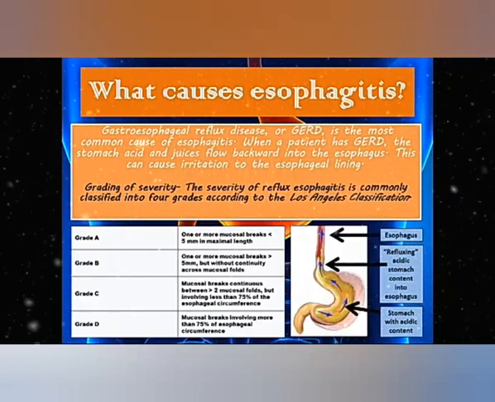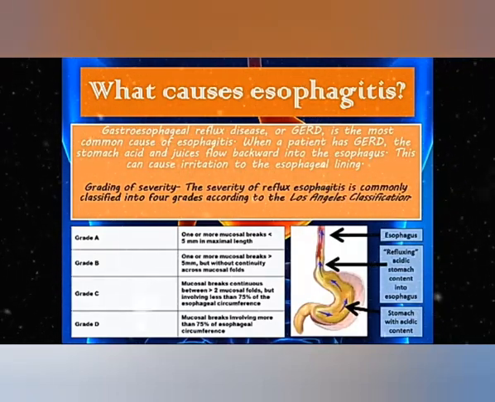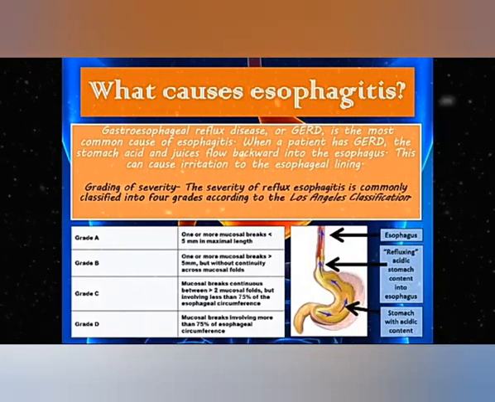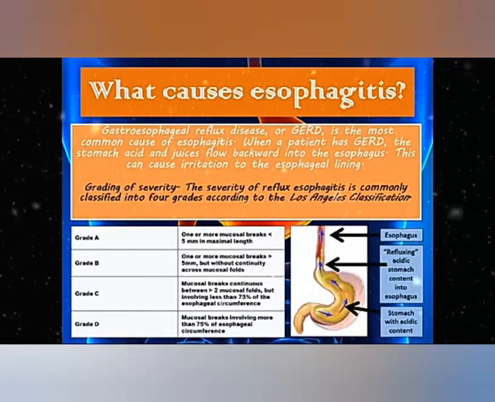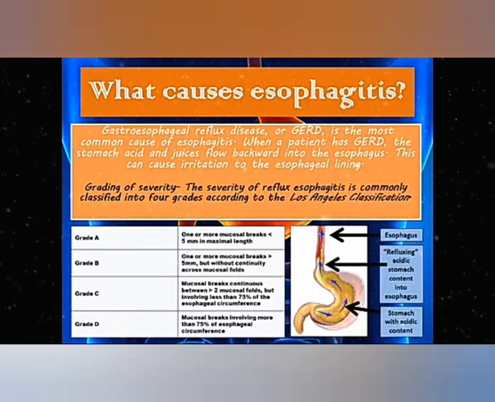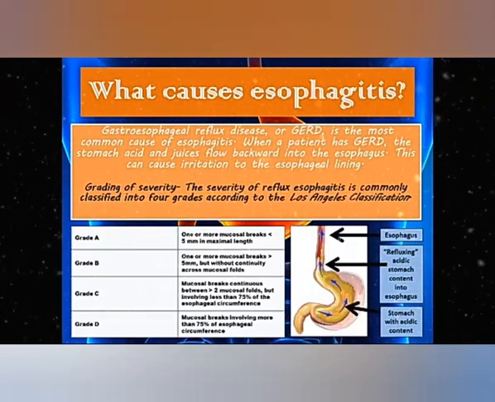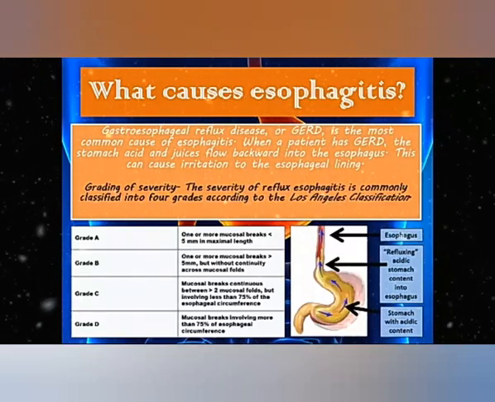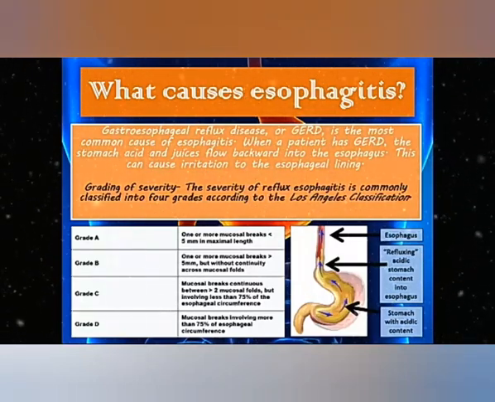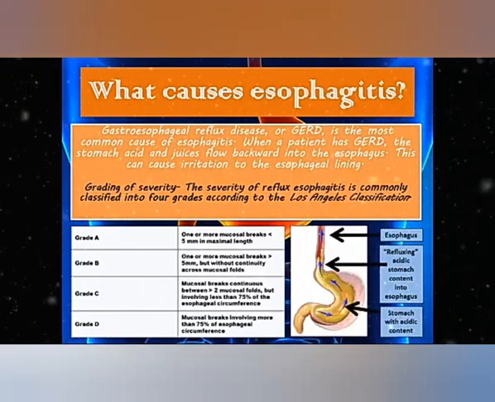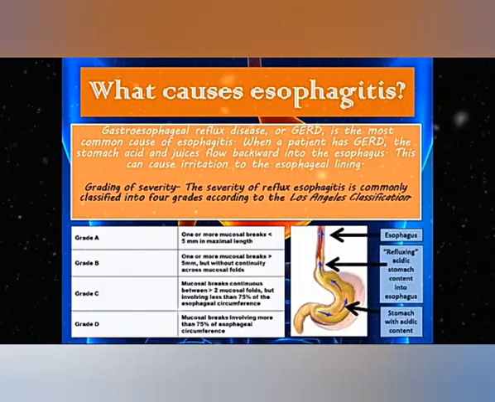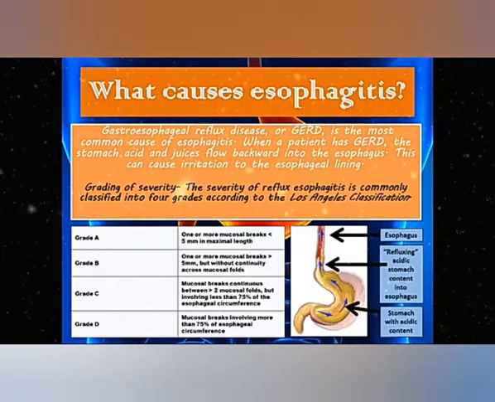Grade B is one or more mucosal breaks more than 5 millimeters in length but without continuity across mucosal folds. Grade C is mucosal breaks continuous between more than 2 mucosal folds but involving less than 75% of the esophageal circumference. And grade D is mucosal breaks involving more than 75% of the esophageal circumference.